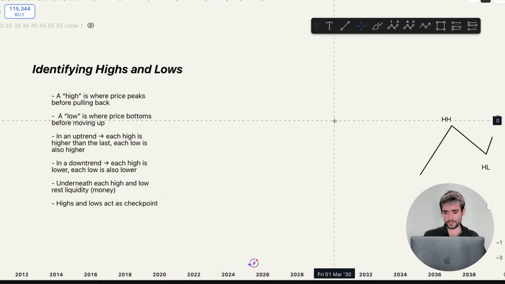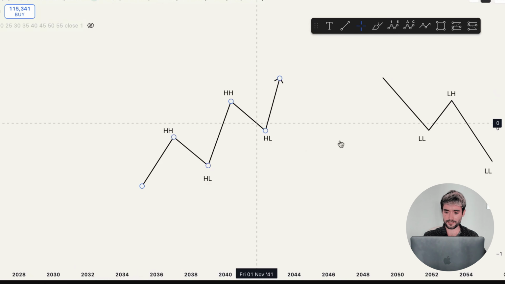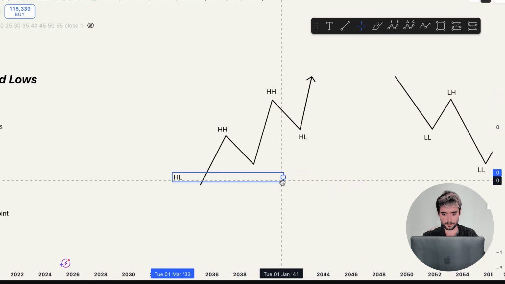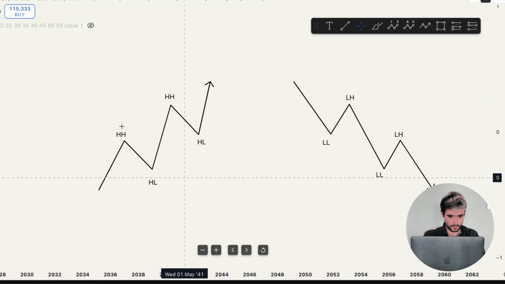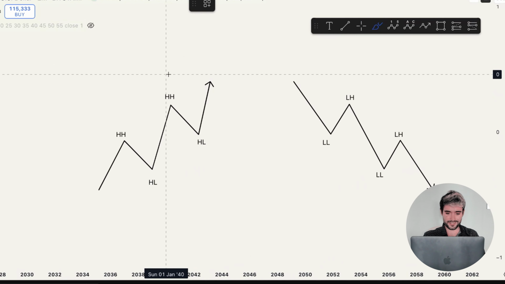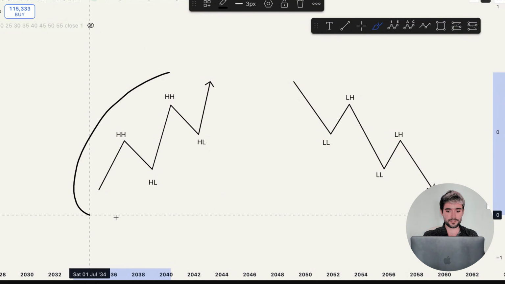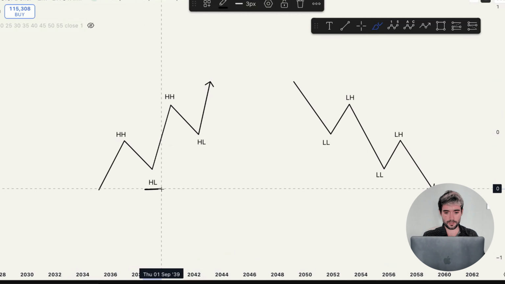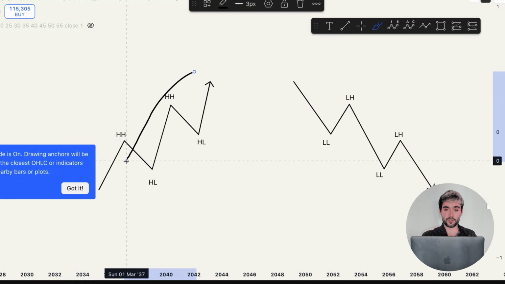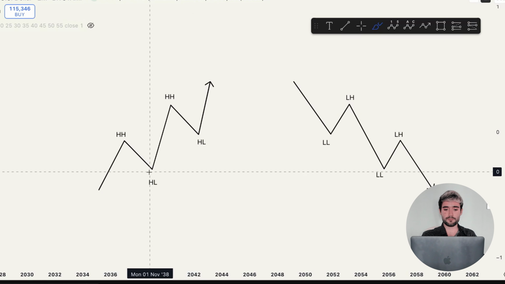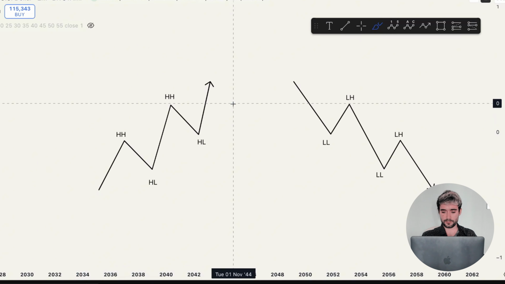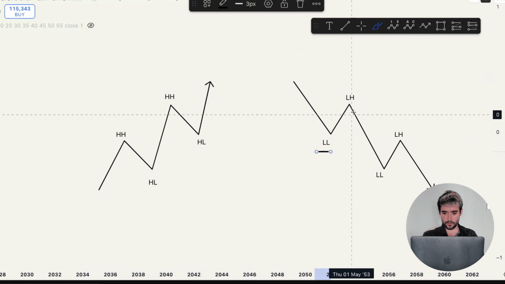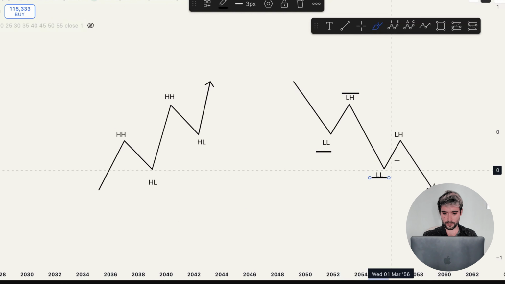Pretty simple. If you look to the right here, I went ahead and annotated two models. Let's zoom out here. This model is an example of a bullish trend where price is making higher highs and higher lows and is continuing to do so. So we understand that this price action is in a bullish trend. To the right, we have a bearish model with lower lows and lower highs.